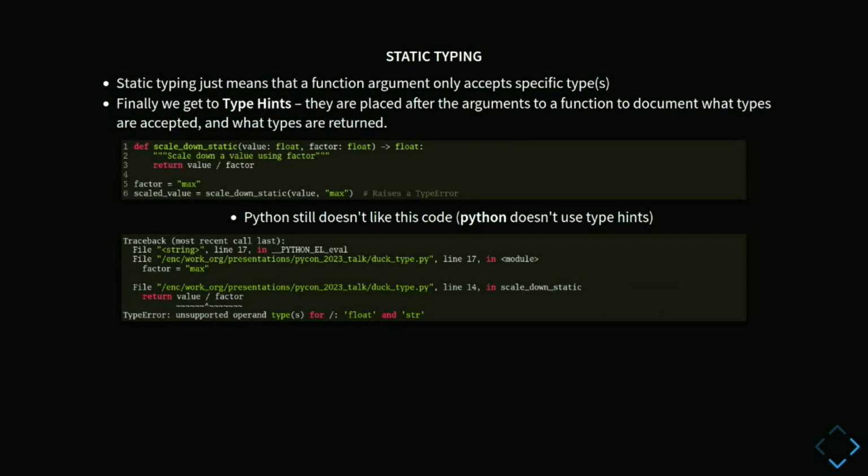Okay, type hints. Ten minutes in, we're starting to talk about type hints. What's happened here is on the top function, I have added hints for what the type of the value and factor is, and also what it returns.